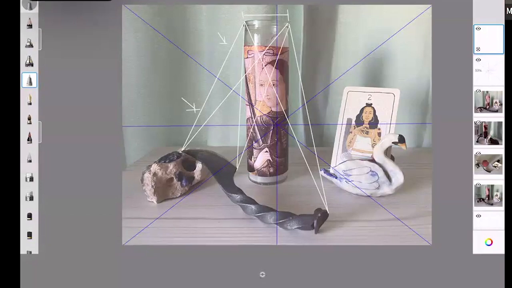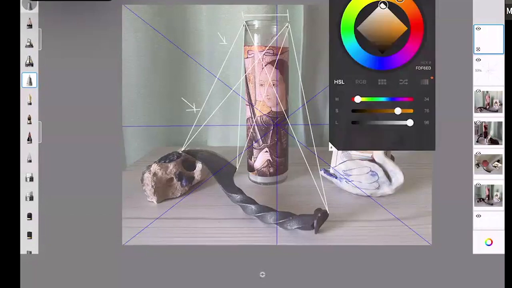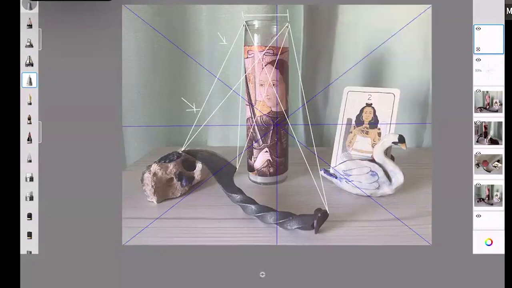So then I would say, well, okay, now I know where the top of the cylinder is. Where's the bottom of the cylinder? I could pick the same exact points and isolate important locations and measure the angles.